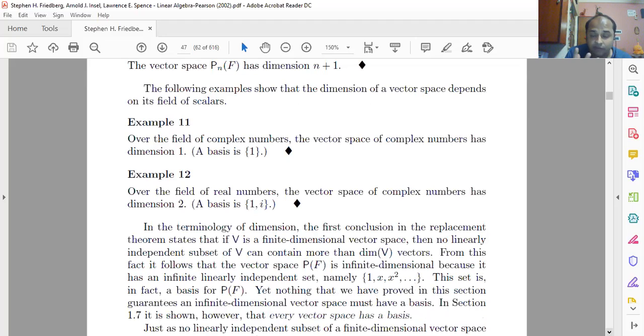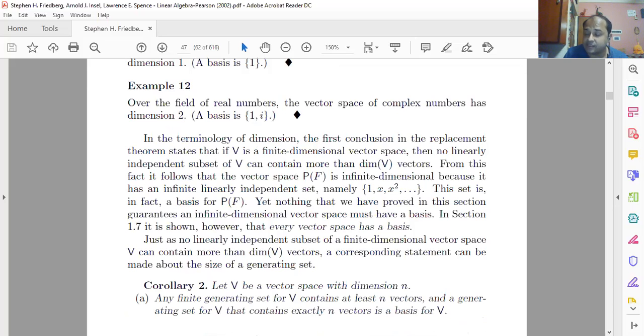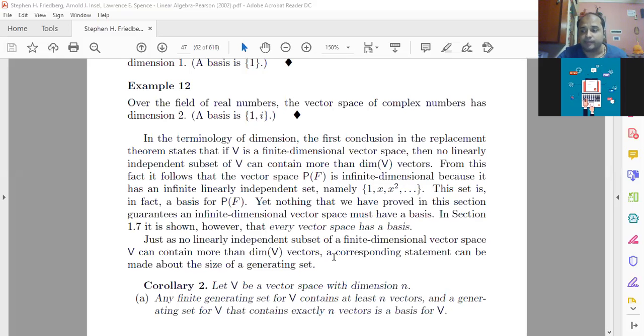If you know that a vector space has some dimension, and you can find a generating set which generates that vector space, automatically you can say that the generating set is obviously a basis.